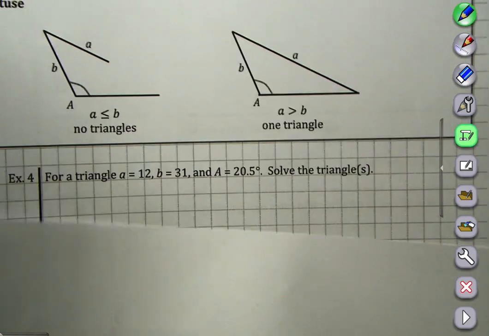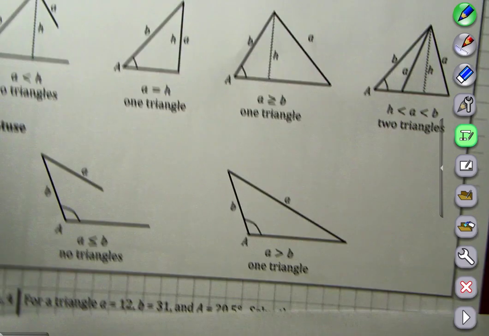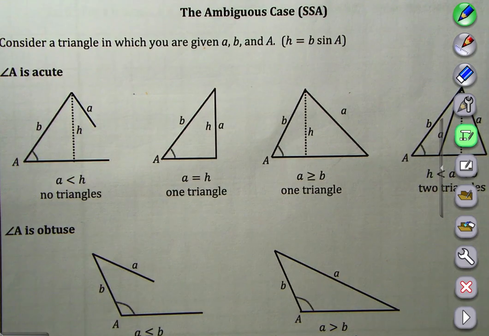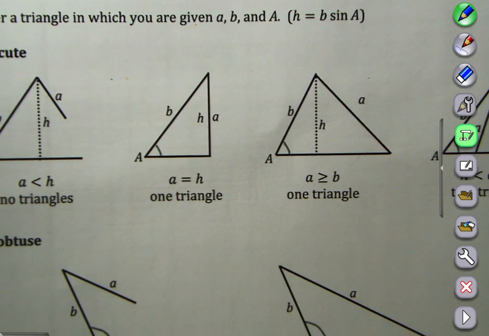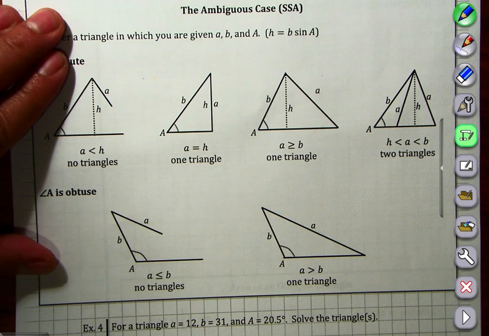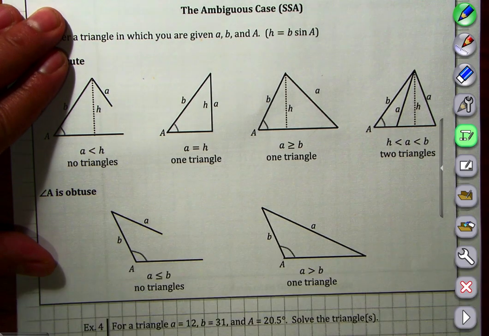That will take us to the cutout. So you want to make sure that you print it out, or you can just take the time to copy it down. Let me zoom out. So we have an ambiguous case when we're dealing with side-side-angle.